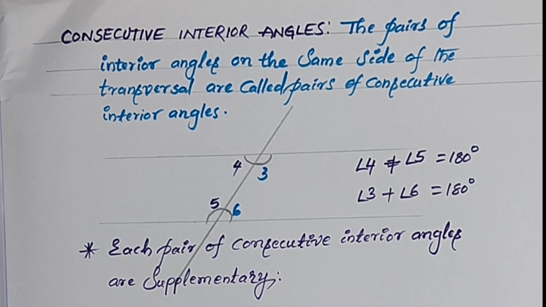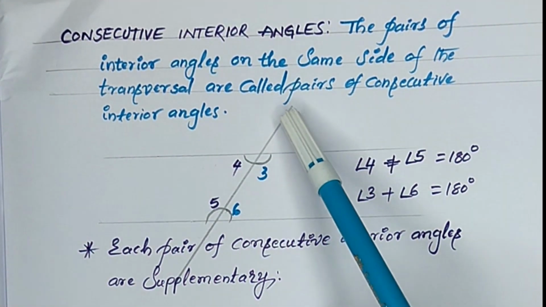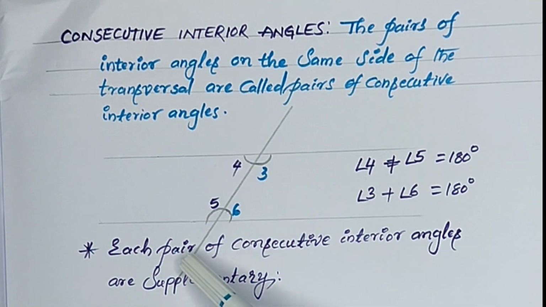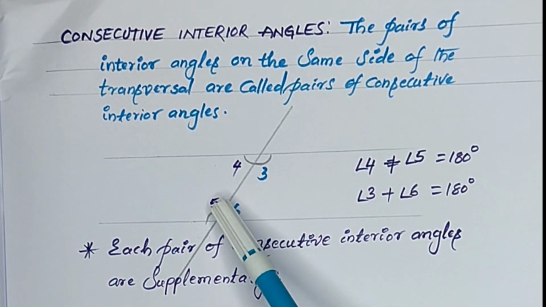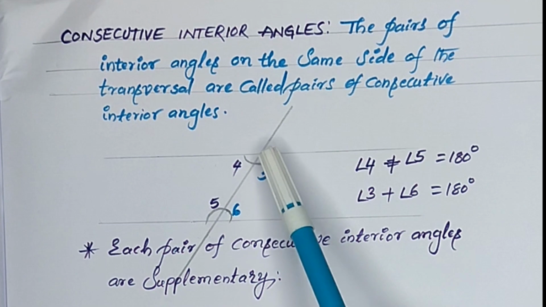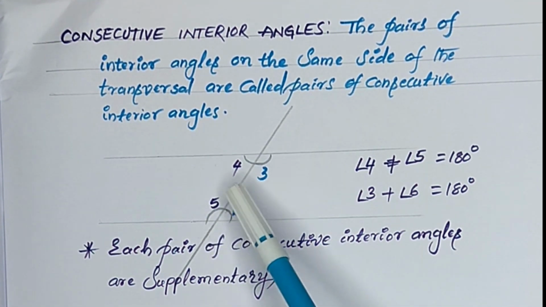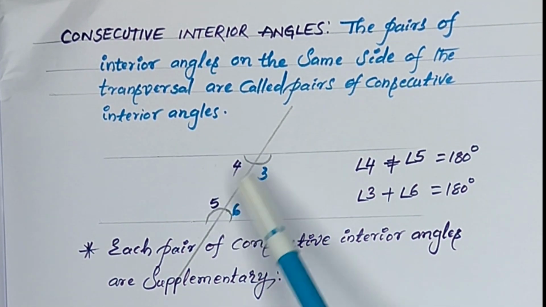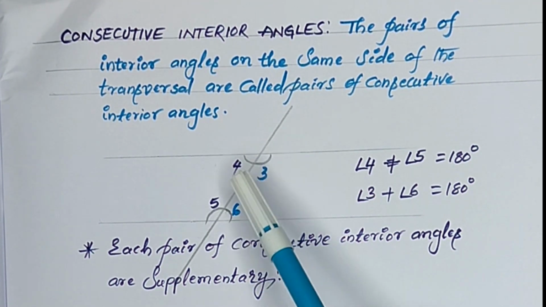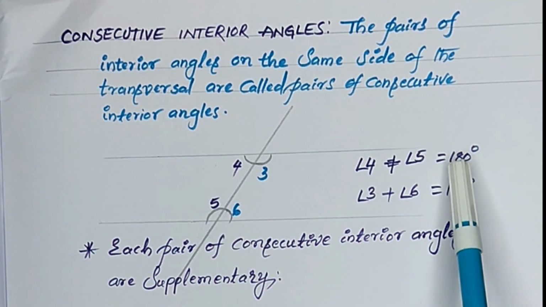Next, consecutive interior angles. The pair of interior angles on the same side of the transversal are called a pair of consecutive interior angles. Angle 4 and angle 5 are interior angles on the same side of the transversal line. Angle 4 plus angle 5 is equal to 180 degrees.